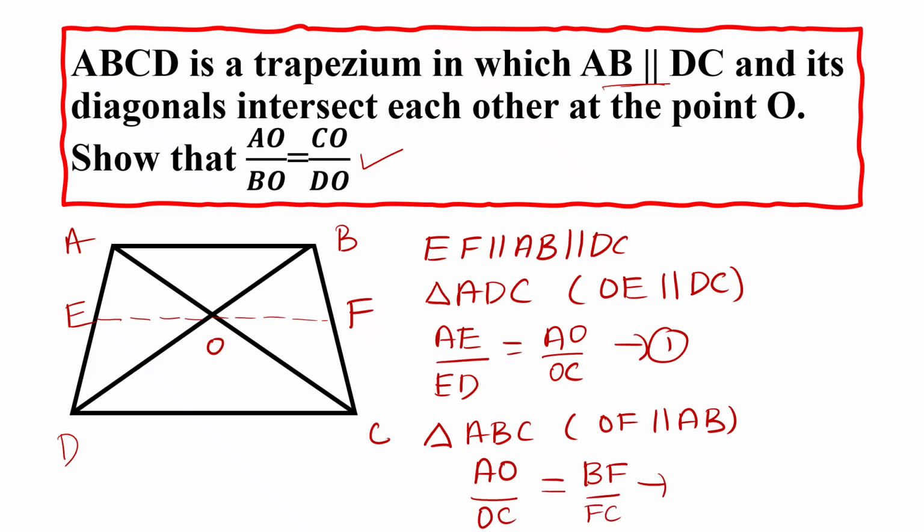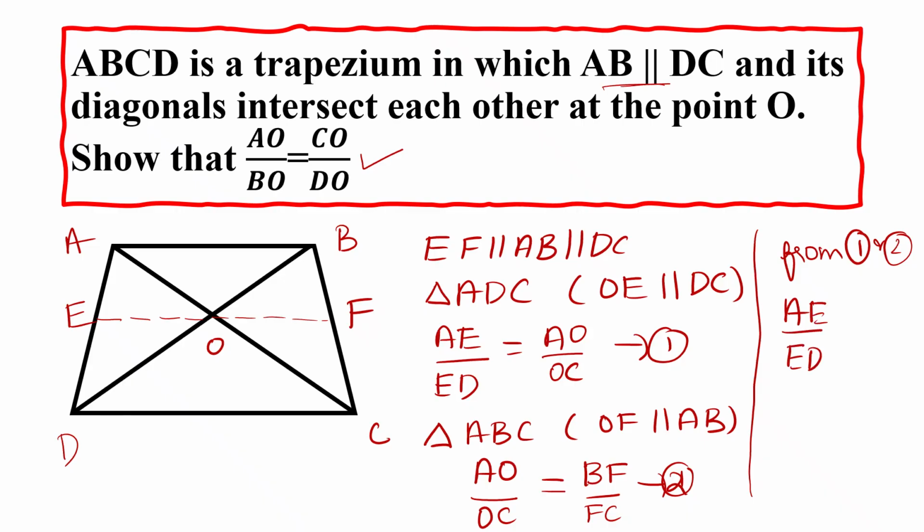Mark this as equation 2. From 1 and 2, I can say that AE by ED is equal to BF by FC. Remember this as equation 3.